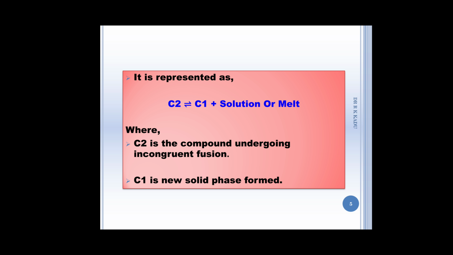Now, it is represented as this reaction. So, in this reaction, C2 is the compound undergoing incongruent fusion and C1 is the new solid phase formed. Along with this, solution or melt is formed.